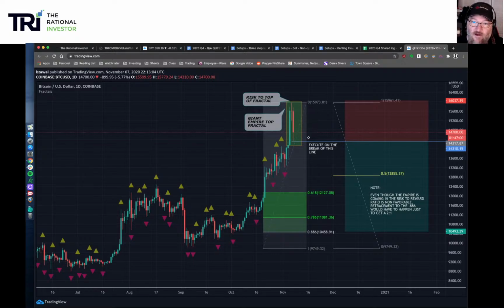Now that's way up here, and it could be price comes up here, hits that, and keeps moving. But my risk is only this small amount here at that point. And then I'm looking at taking profit somewhere around the 50%, and that might actually get me a trade that I could take, right? Whereas something like this, I'm expecting price to come all the way down to the 886. That's not very realistic, really, right? Even though the empire is coming in, the risk to reward ratio is non-favorable.